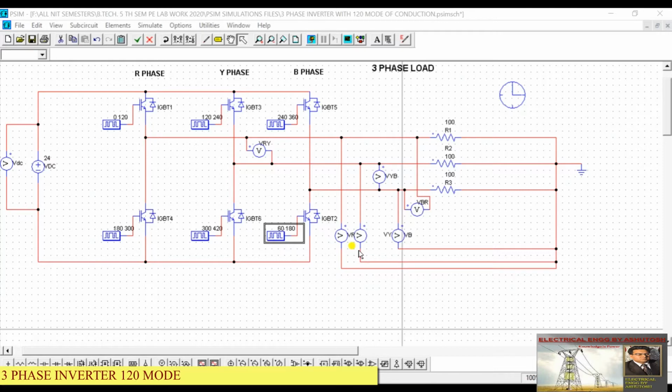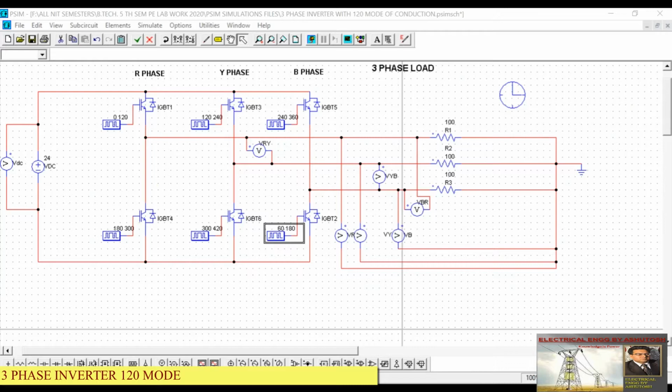A three-phase inverter converts DC voltage into a three-phase AC supply. In this tutorial we will learn about this three-phase inverter and its working. But before going any further, let us have a look at the switching sequences I have presented here.